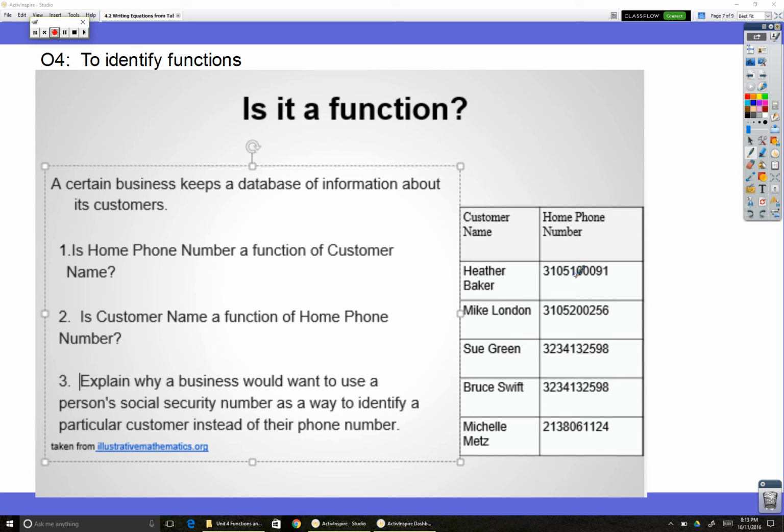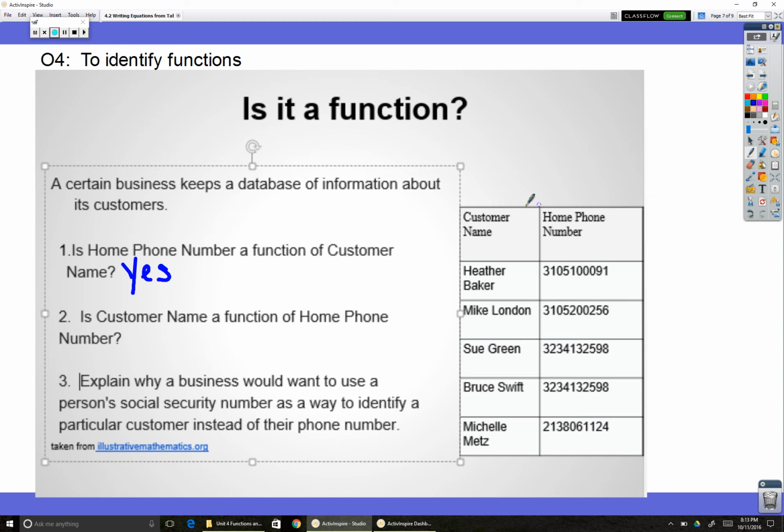Heather Baker only has one phone number. She does not appear more than once on the list. Mike London only has one phone number. Each customer only has one phone number listed. So the answer is yes, because each customer name has only one phone number.